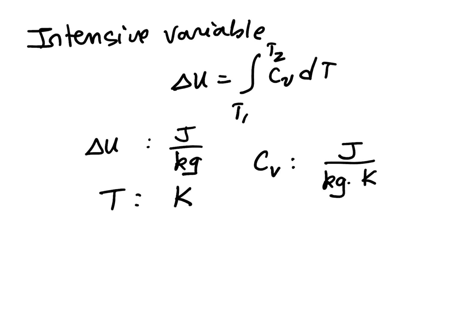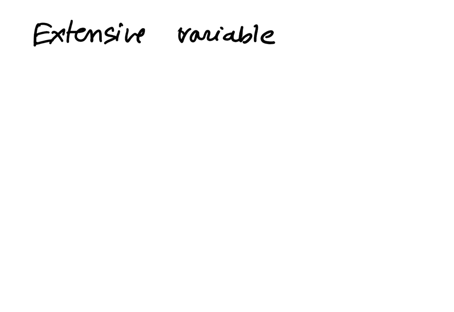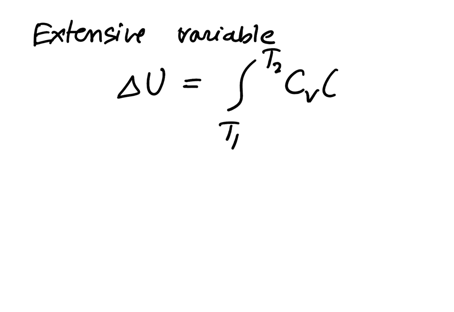You could do the same problem in terms of the extensive variable for internal energy, which is delta uppercase U, the integral from T1 to T2 of Cv as a function of temperature dT.